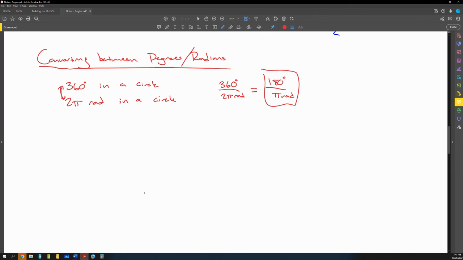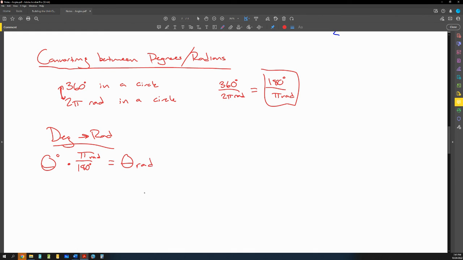So if I wanted to go from degrees to radians, then I would start with my angle theta in degrees, and I would multiply by pi over 180 degrees. Okay, so pi radians over 180 degrees. The reason why is because I want to cancel out those degrees and be left with my units, radians, my angle in radians.